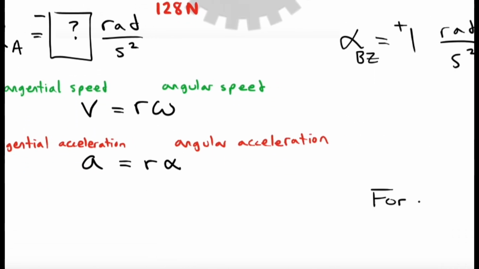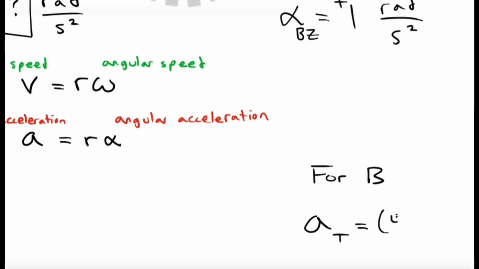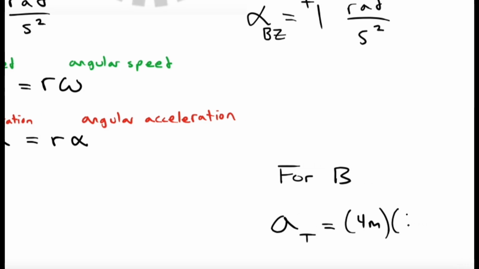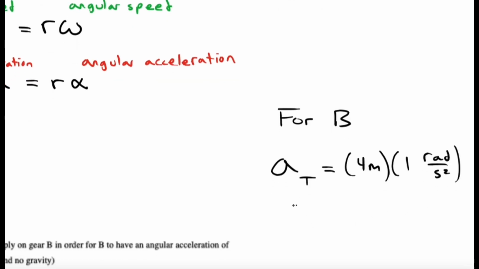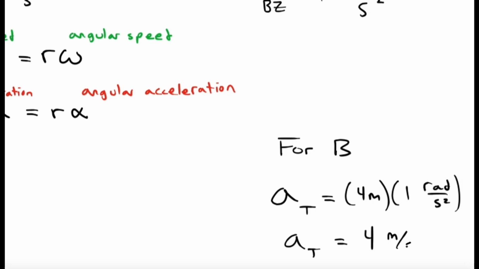So for B, we would have this. AT equals 4 meters times his alpha. Okay, so your AT then is 4 meters per second squared. That's the tangential acceleration of the teeth.